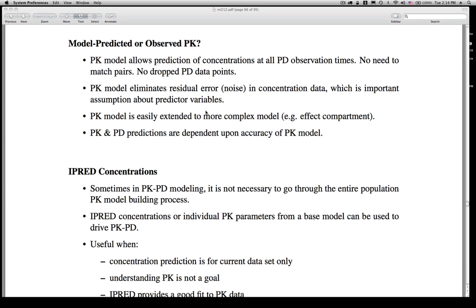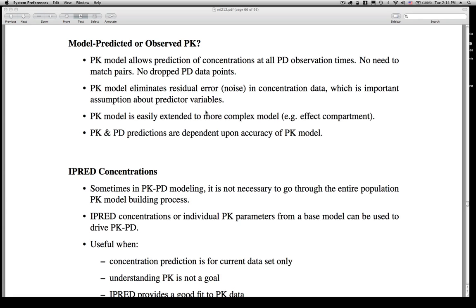Probably one of the most valuable reasons for using model predicted concentrations is that the pharmacokinetic model provides a prediction of concentrations that would be individual specific, but it eliminates the residual error from that prediction. So it eliminates the noise in the concentration data. Now, assuming that it's an unbiased fit, that's a useful thing.